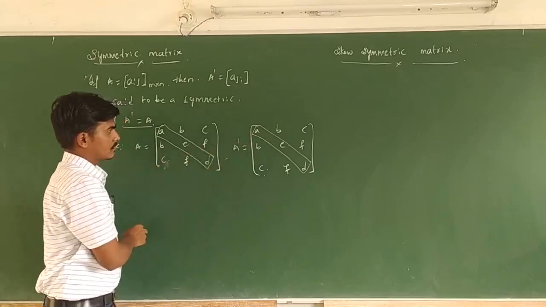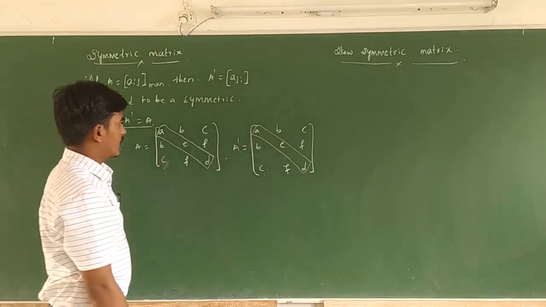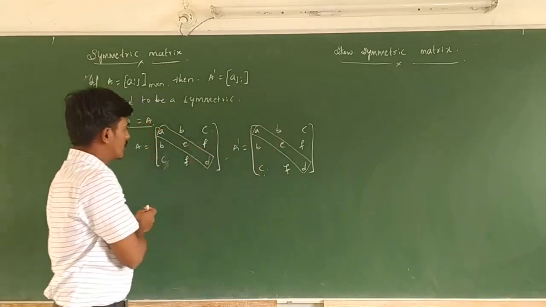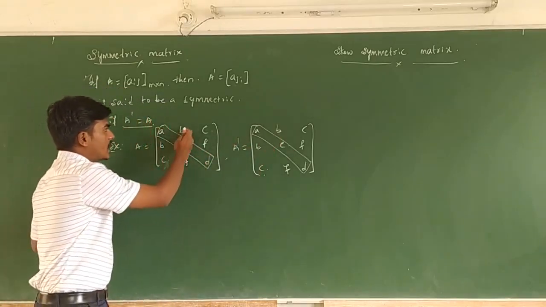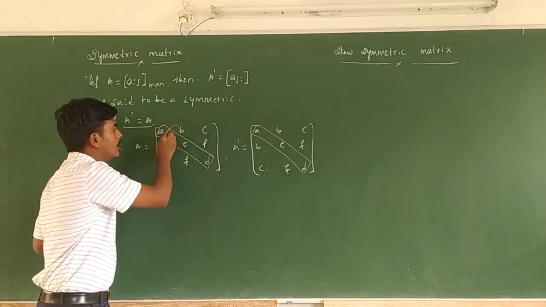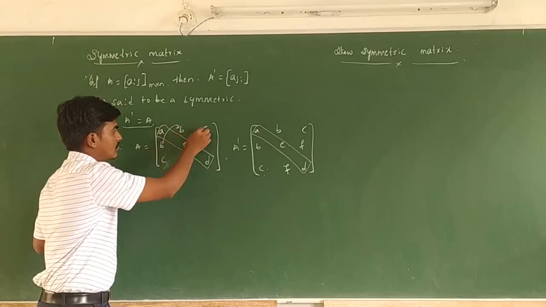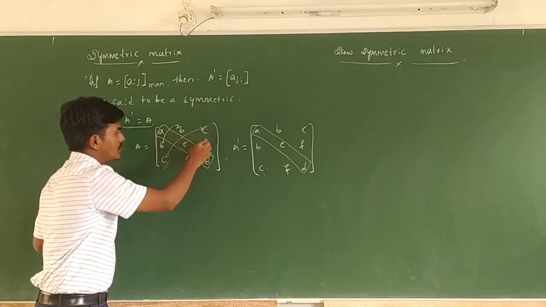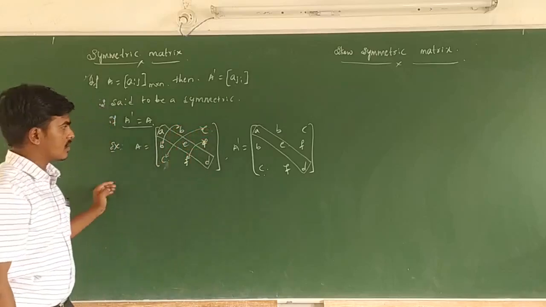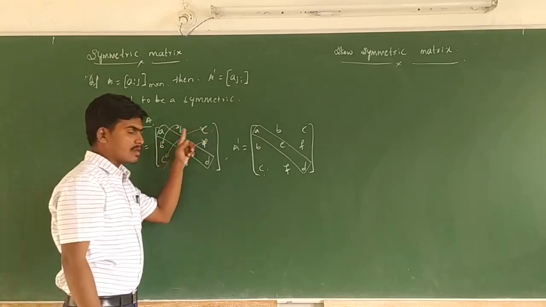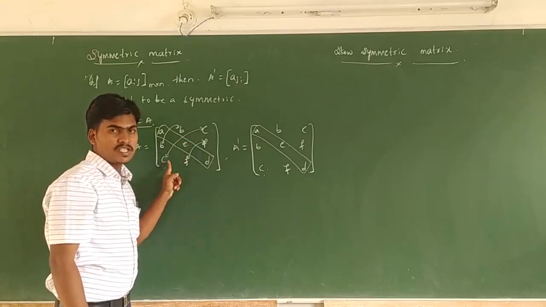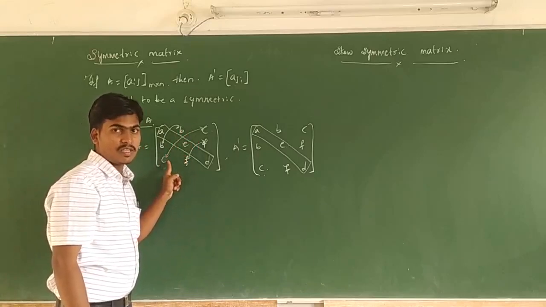What do we get? They are the same. It means the upper diagonal elements and the lower diagonal elements are mirror images of each other. In a symmetric matrix, upper diagonal elements and lower diagonal elements are mirror images of each other.